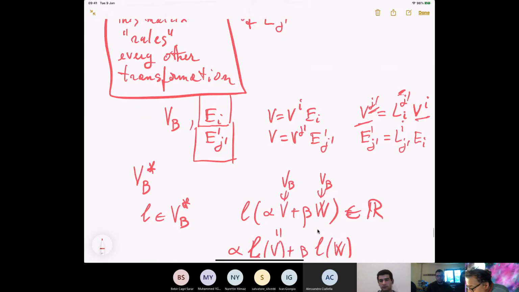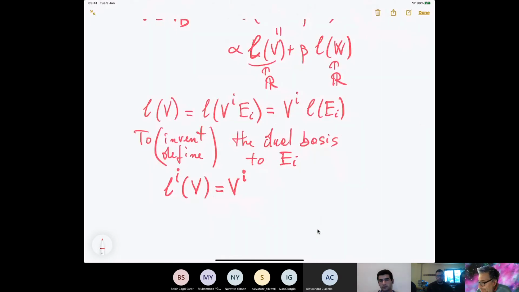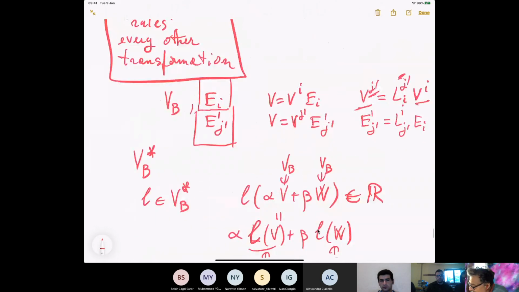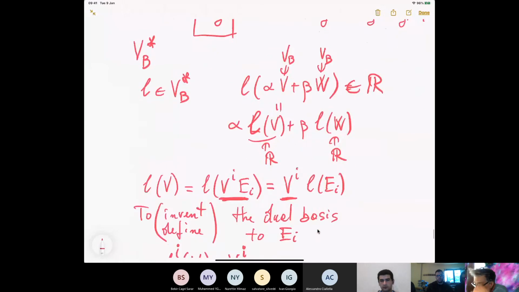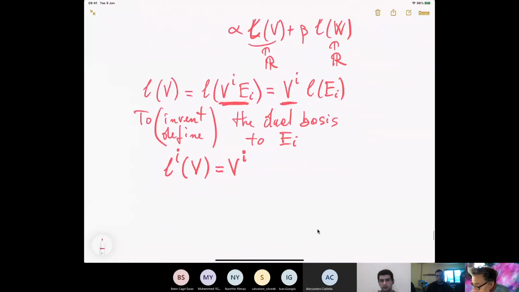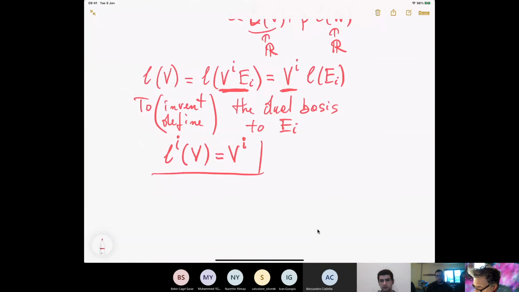Once you have blocked the basis of VB, you have uniquely determined the components of every vector in that basis. These components are v^i. By the way, these components are changing following this rule. And then you can define, what is this?